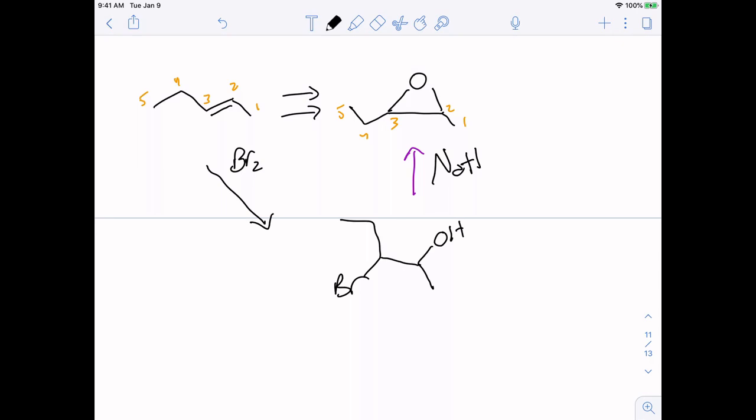So bromine, and then water. Oftentimes it's more than 2 steps, but this one was just 2. I can take my alkene, we can add bromine and water, we end up with a halohydrin, and then it's an intramolecular SN2 reaction once we deprotonate it with that strong base to get that.